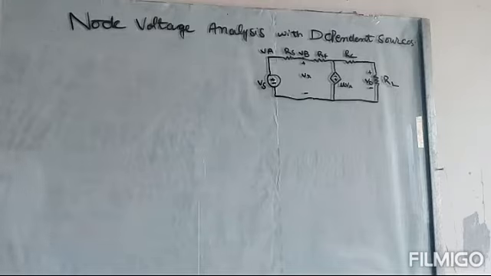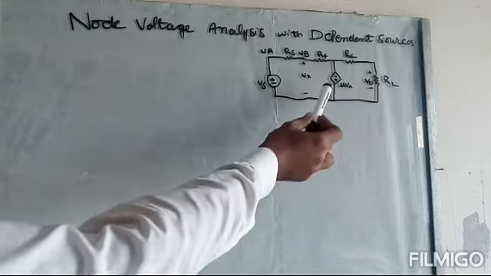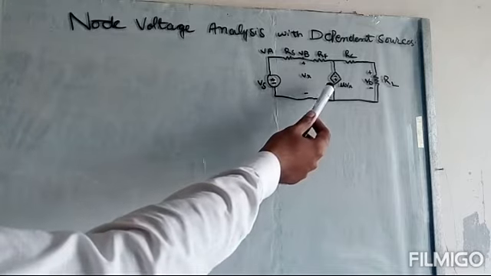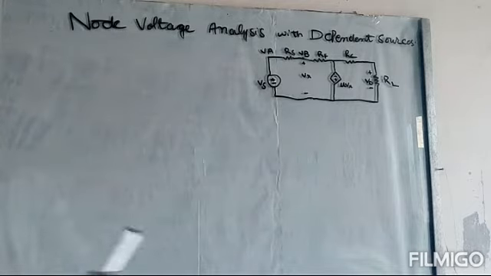In the previous lecture we started the new concept of dependent sources like these. These dependent sources may be dependent on voltage or on current.